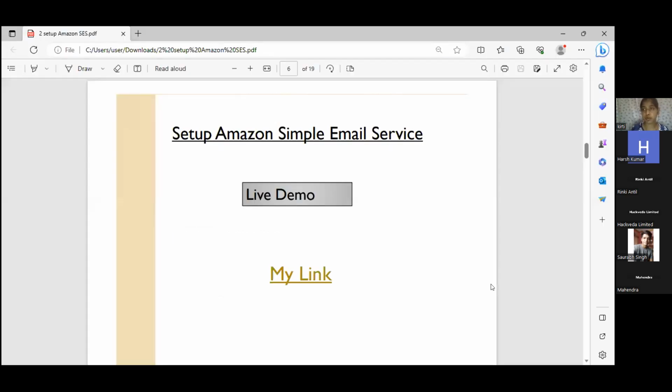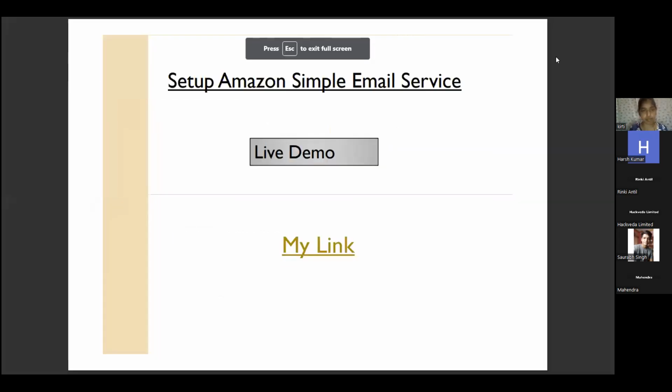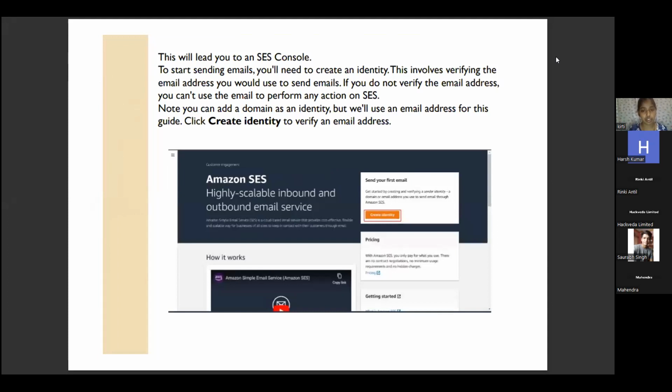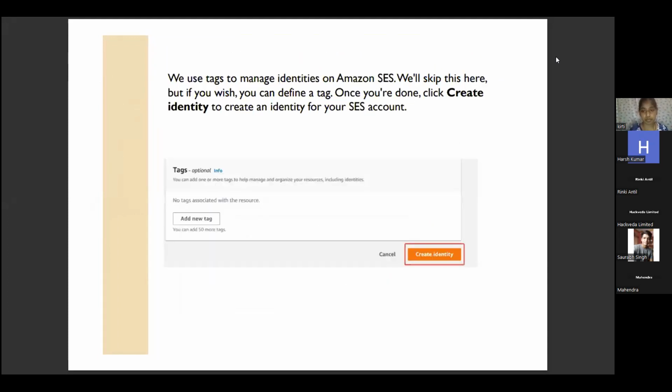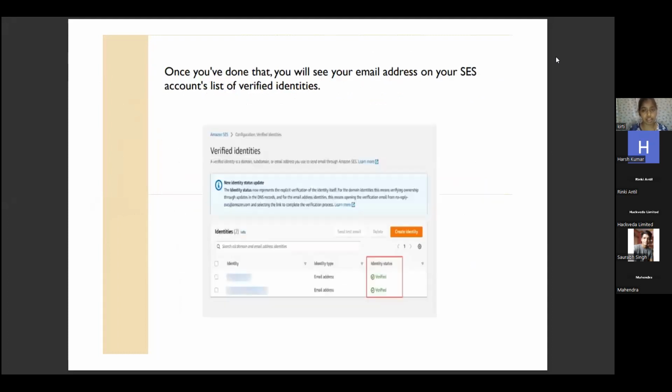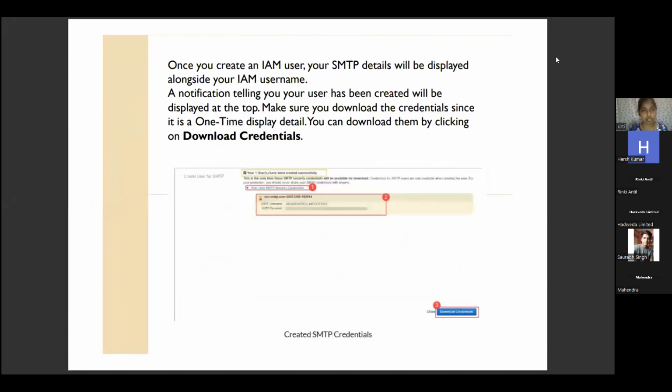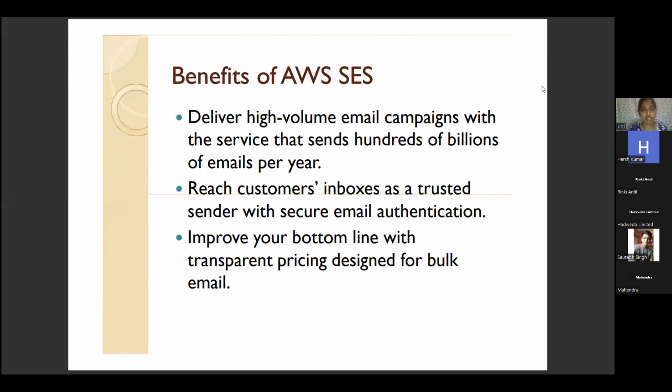So this is the live demo. I'm showing each and every step: how to verify identity, create identity, email address, verify the email, and how to create SMTP credentials. Benefits of AWS SES: deliver high-volume email campaigns with servers that send hundreds of billions of emails per year.